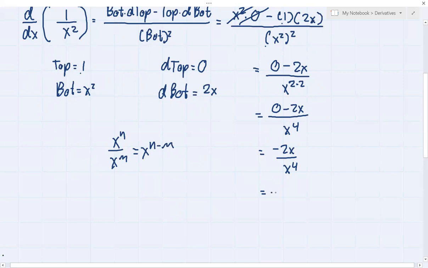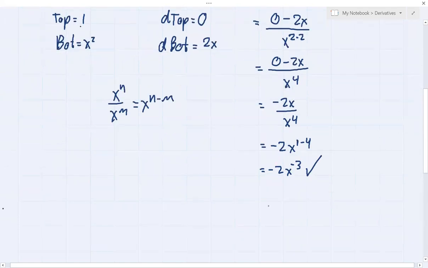Okay? So therefore, we have negative 2 times x raised to yung exponent sa numerator mo na x, which is 1, minus yung exponent ng x sa baba, which is the denominator, which is 4. So, negative 2x raised to 1 minus 4, negative 3. So, therefore, yan yung sagot mo.